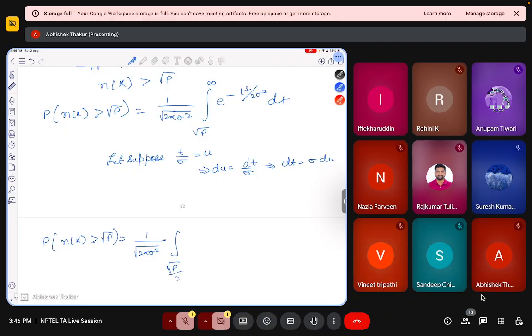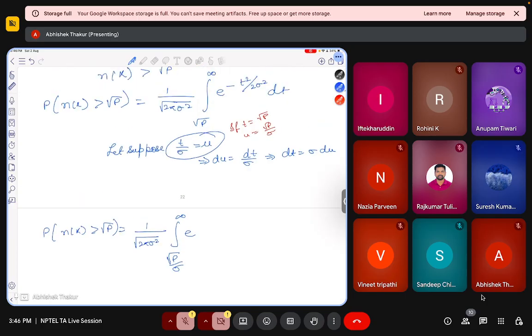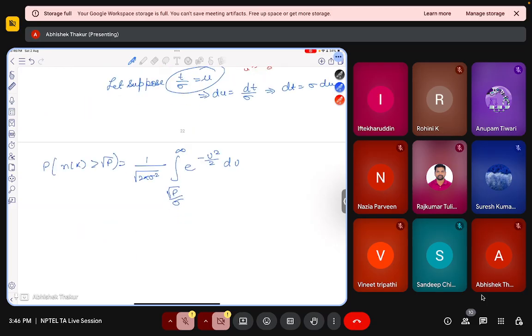So the integration limit will be from square root of P by sigma to infinity, e to the power of minus u squared by 2 du.